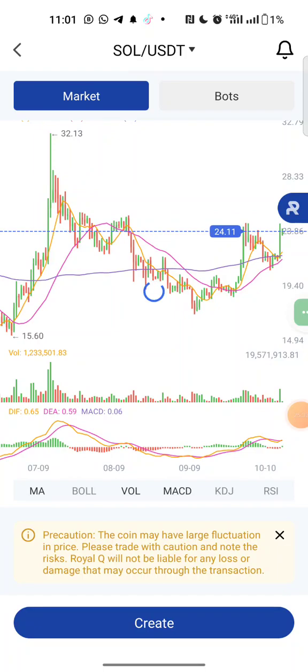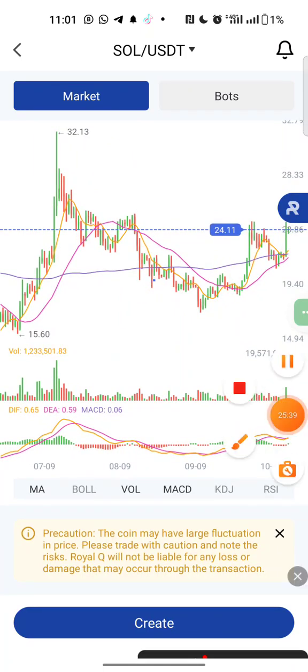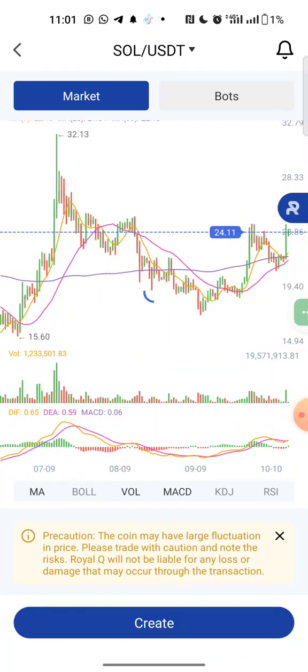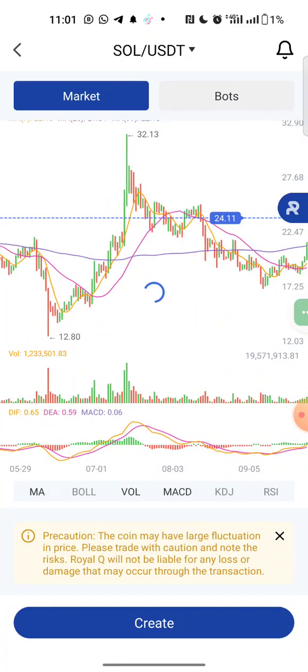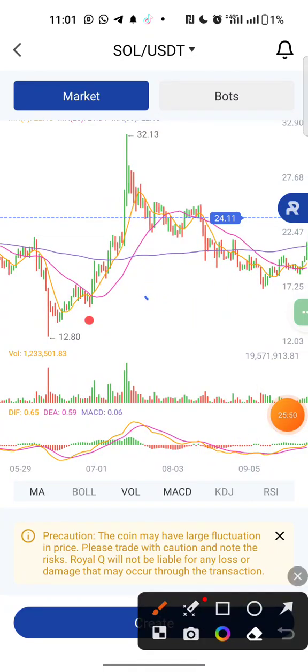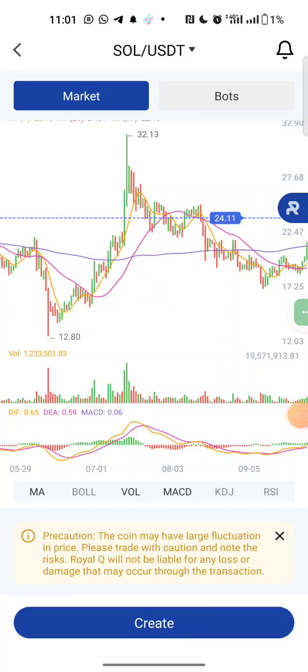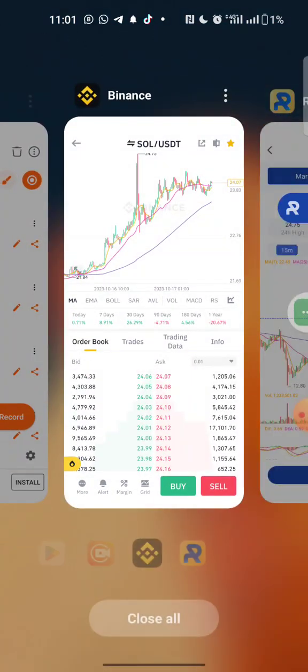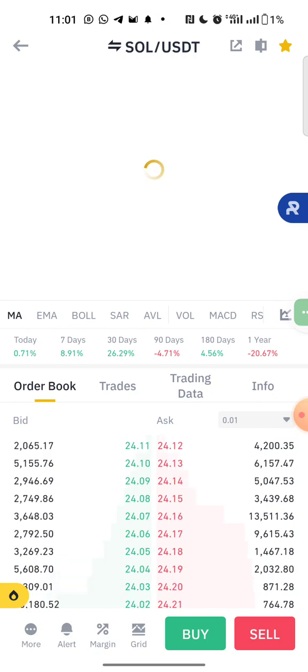When a big moving average of 25 decides to come and cross a small moving average, we expect the market to move down. But you also see previously there was a golden cross, when a small moving average of 7 crossed a 25 moving average. This is here in Royalq. So that's one indicator we have so far talked about, called the moving average.